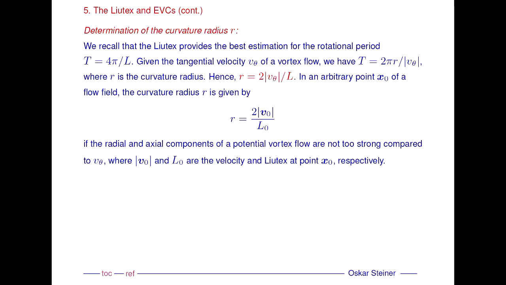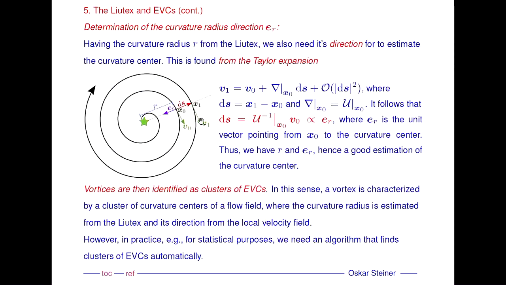We also need the direction of this radius. And that can be derived pretty simply from a Taylor expansion. I cannot go into the details now, but the result is that the inverse of the Jacobian applied to the velocity is proportional to the direction of the curvature radius.